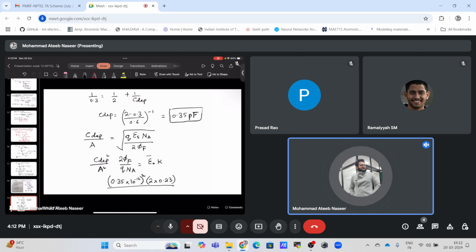Area is 100 micro, which is 10 to the power of minus 4 centimeter square, so it has to be squared. Q is 1.6 into 10 to the power of minus 19. Na is 10 to the power of 14.